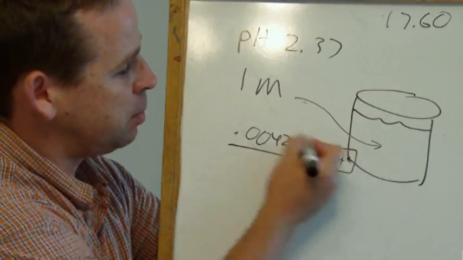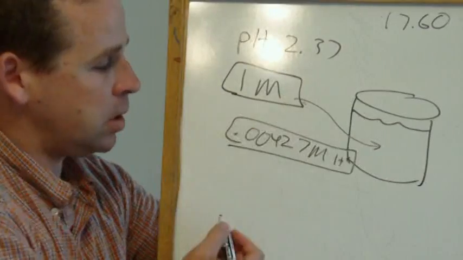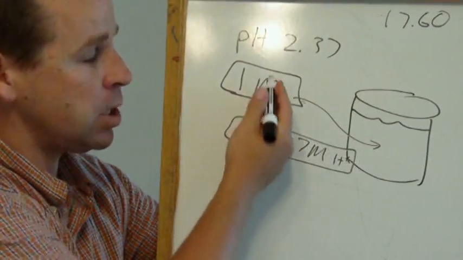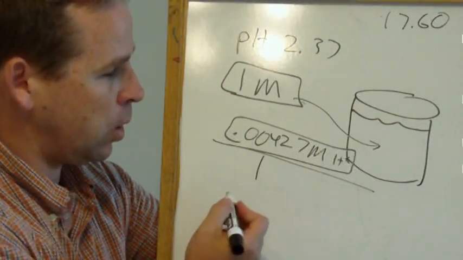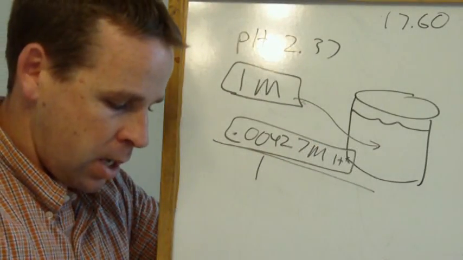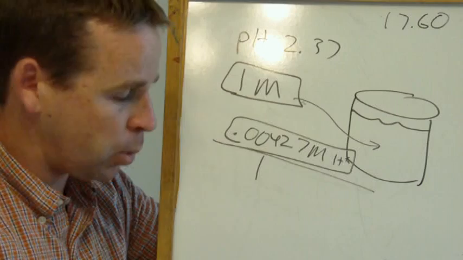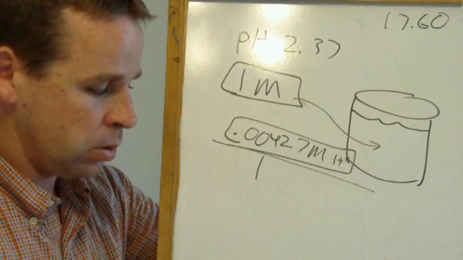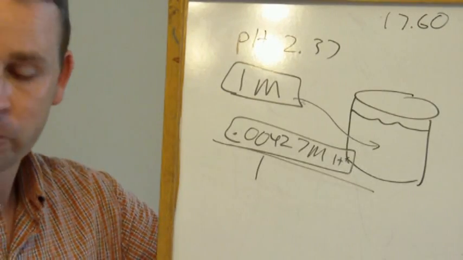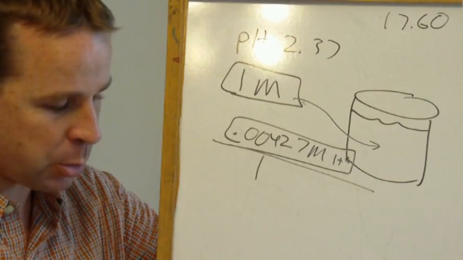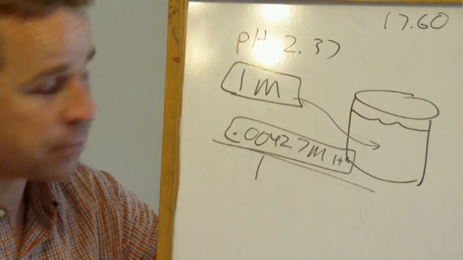So that's how much H plus ion we have. This is how much acetic acid we have, and then we want to know what percentage of the acetic acid is actually ionized. Just take this value, put it over the 1, and multiply by 100 to get percent. So that's 0.427%. So this is 1760.